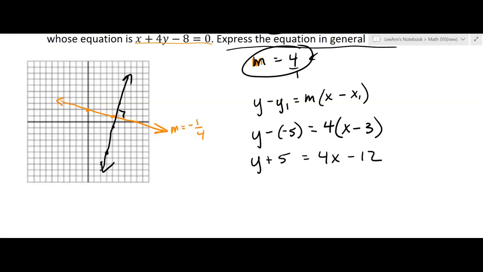To express it in general form, we're going to put everything on the left. And so we'll subtract the 4x. And we're going to add the 12. So think about adding 12 here, equaling 0. Now, I don't remember if it specifically says to have A be positive, but we certainly can do that.